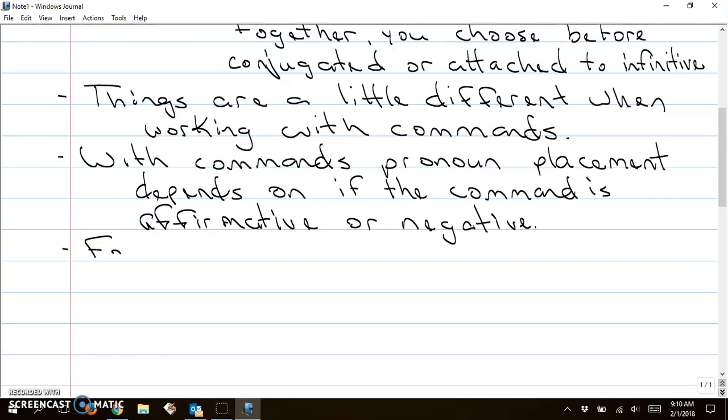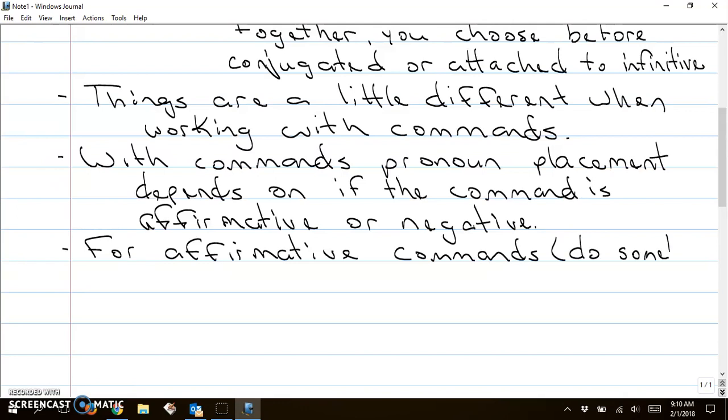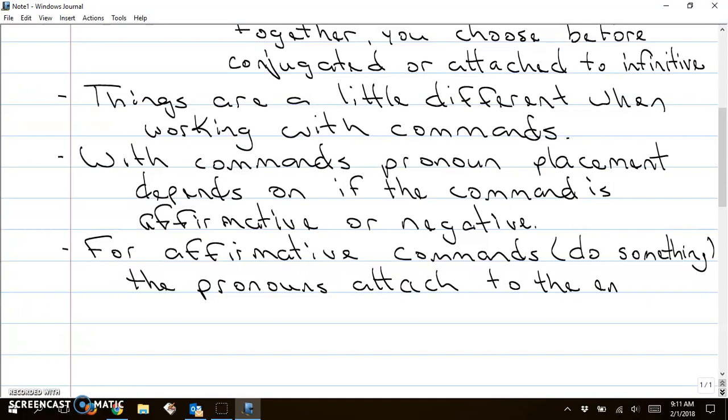So, for affirmative commands, do something, the pronouns attach to the end of the verb.